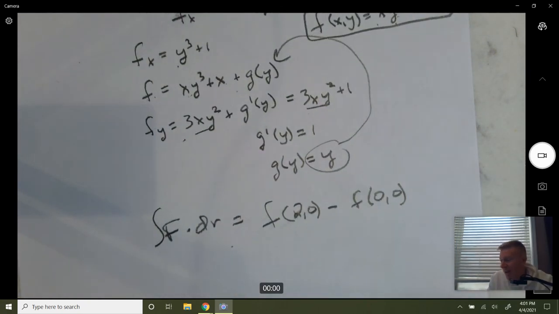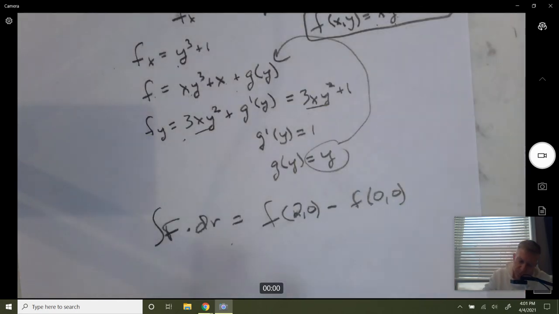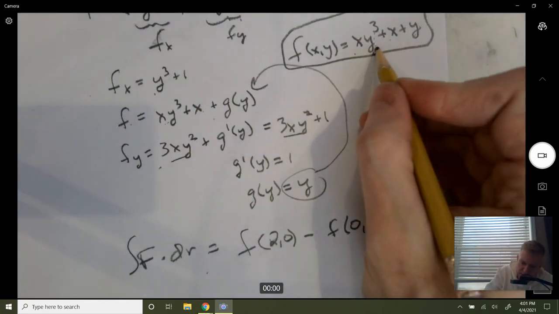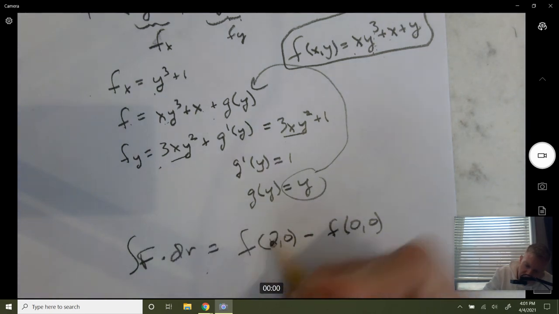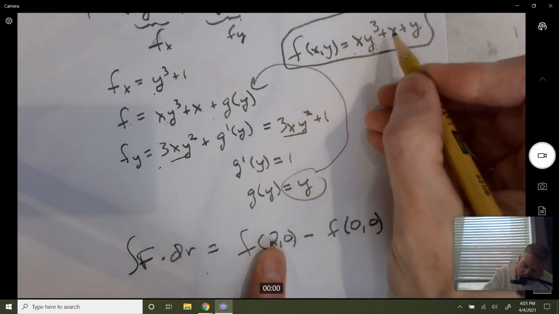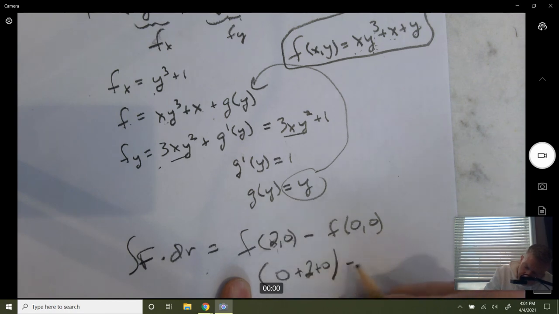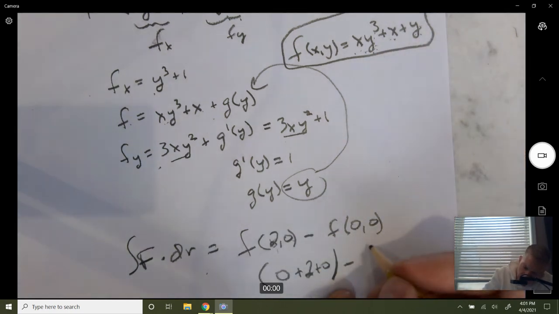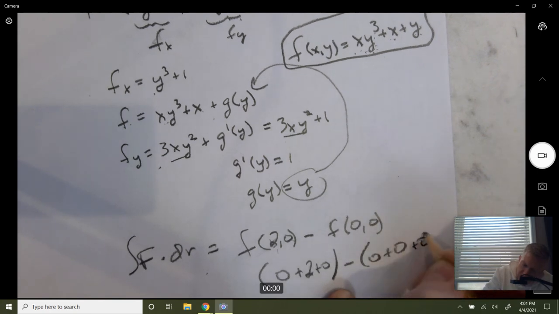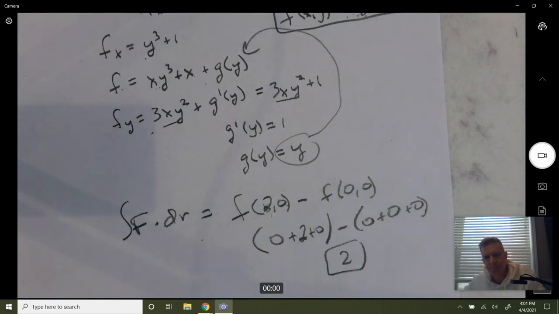And we know we should get what we got when we did the direct path. We should get 2. If we plug in a 2 for x and a 0 for y, we get 0 plus 2 plus 0, minus, plug in (0, 0), you get 0 plus 0 plus 0, and we simply get 2, which matches.